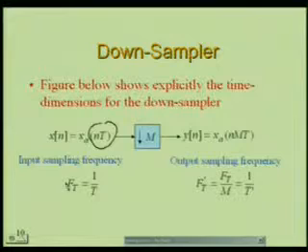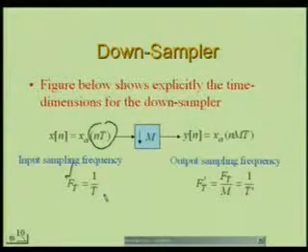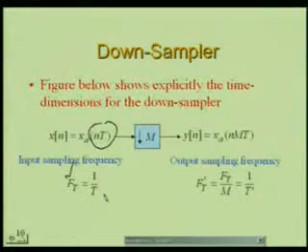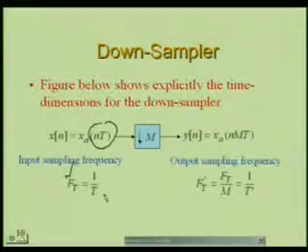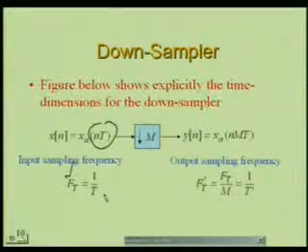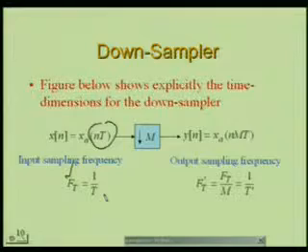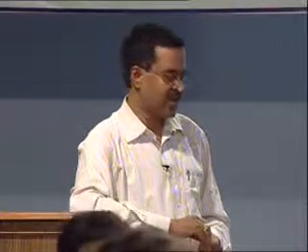This f T is equal to 1 divided by T. The output sampling frequency can be represented by f T prime, which is equal to f T divided by M, that is equal to 1 divided by T prime.